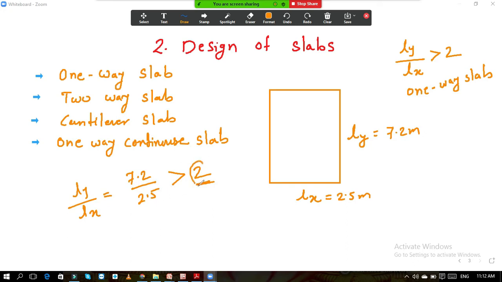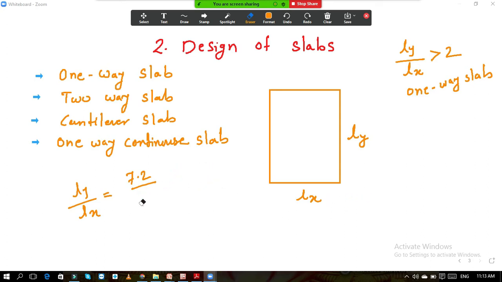So this type of slab is considered a one-way slab. I hope now it is very simple. This slab is a one-way slab.